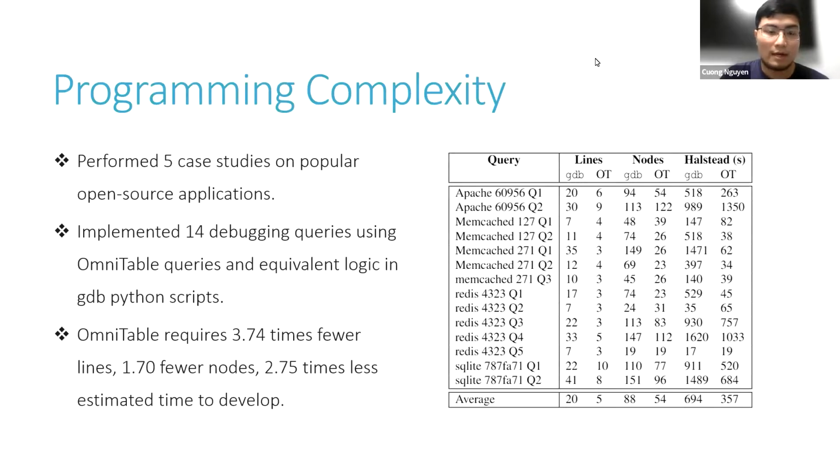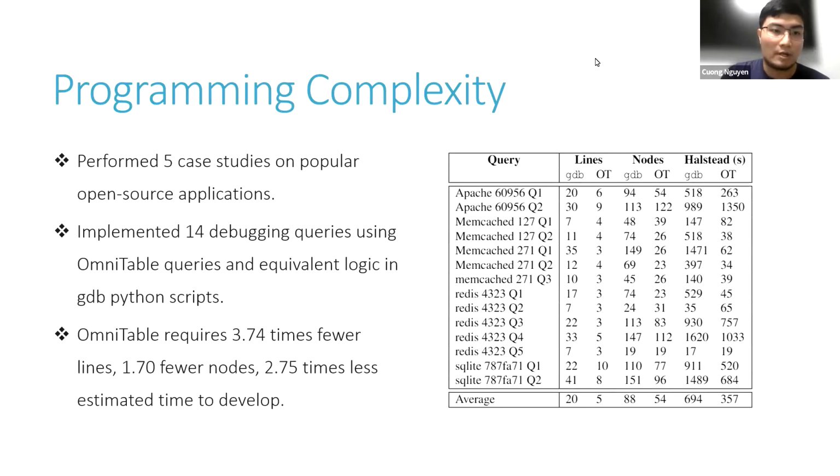Now, they used 3 metrics. The first metric is lines of code, the number of lines of code in the script. The second metric is nodes, which is the number of nodes in the abstract syntax tree. And the final metric is the Halstead complexity, which estimates the amount of time it would take to correctly produce the query or the script.